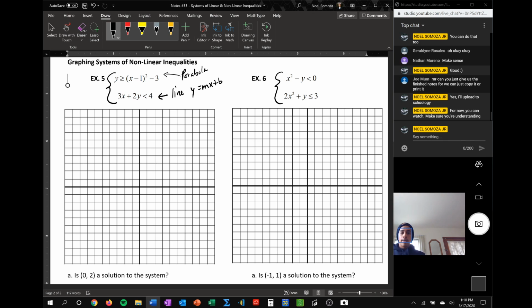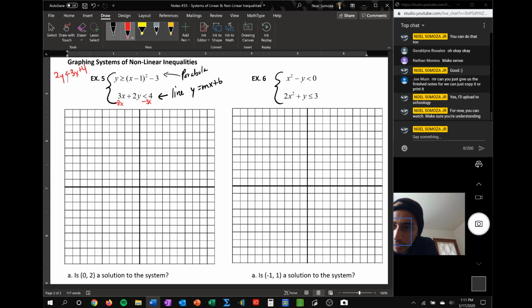So here, notice that I need to have y by itself. So I need to do a little bit of transformation. I got to subtract 3x from both sides. That's going to give me 2y is less than negative 3x plus 4.